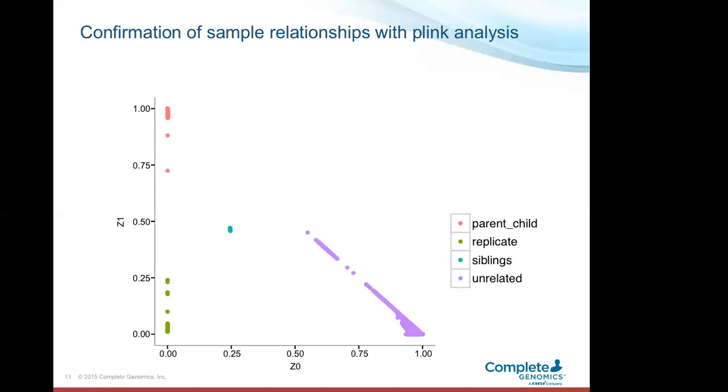When we perform the plink analysis with all the small variants called in these fetal genomes and the parental genomes, all the data are located as expected in this plot, demonstrating the sample relationships from the genome data.